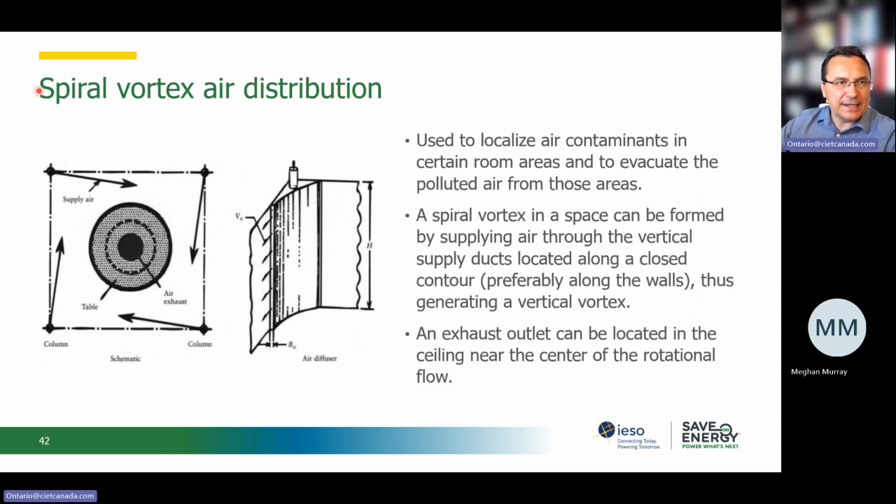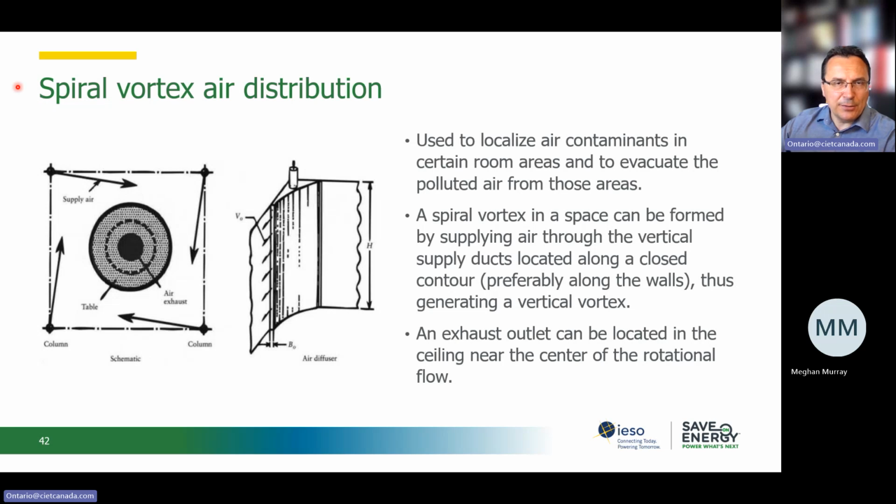We can increase the concentration in various ways. So this example here shows a spiral vortex air distribution. Basically, supply air is provided to the space in such a way that the concentration of contaminants will be increased into the center of this area and then exhausted from here.